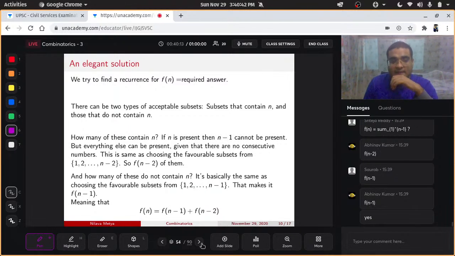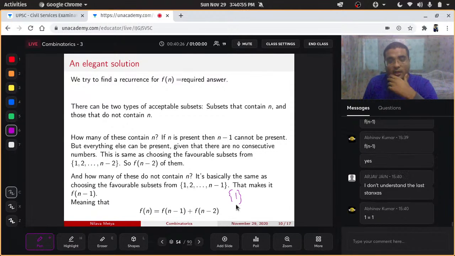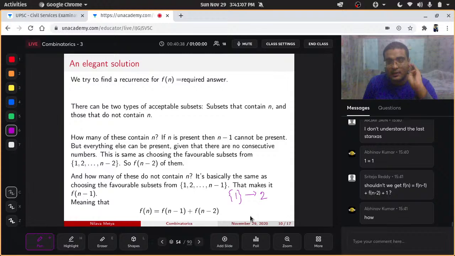What are the base cases? We need some base cases, right? I haven't written down the base cases. If my set is 1, how many are there? There are 2 of them.